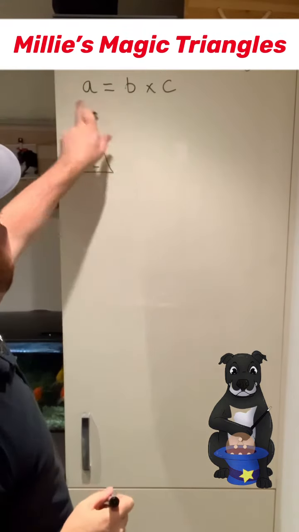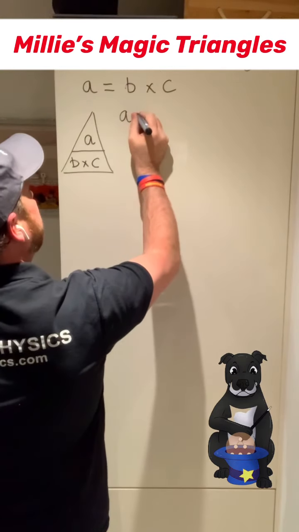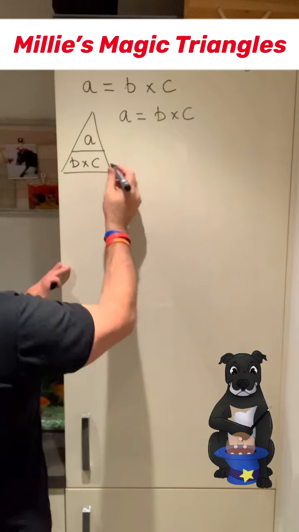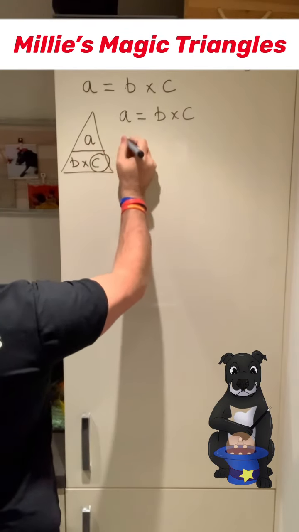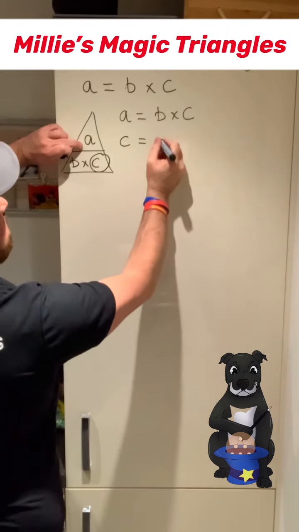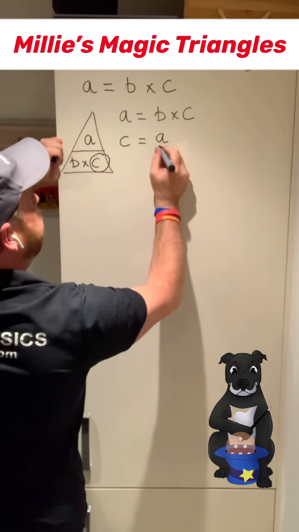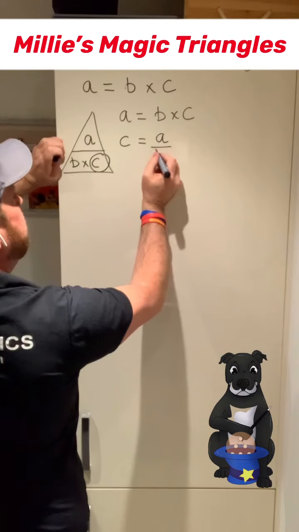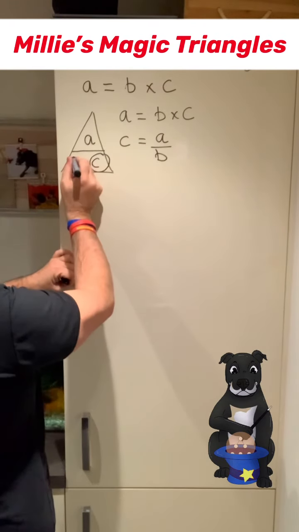So the equation you get from this triangle is A equals B times C. What if you were asked to calculate C? Let's cover that up. C equals A, which is at the top, and this line means divided by B. So C is A divided by B. What if you're asked to calculate B?